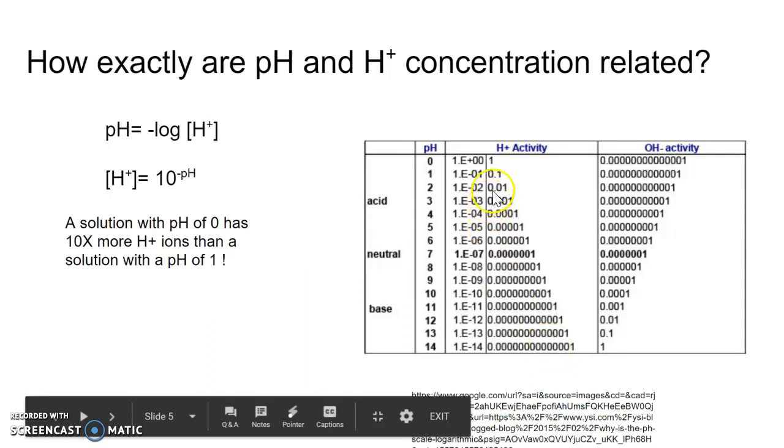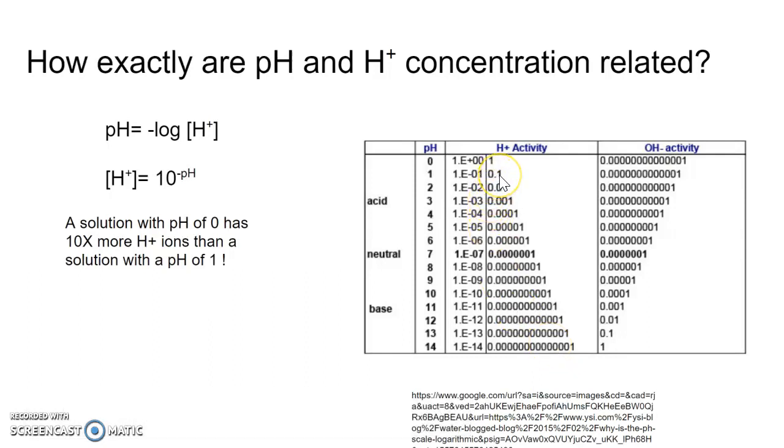Another thing to keep in mind is comparing these different numbers. It doesn't seem like a big deal to change from a pH of 0 to a pH of 1 unless you think about it in terms of the actual amount of hydrogen ion concentration.